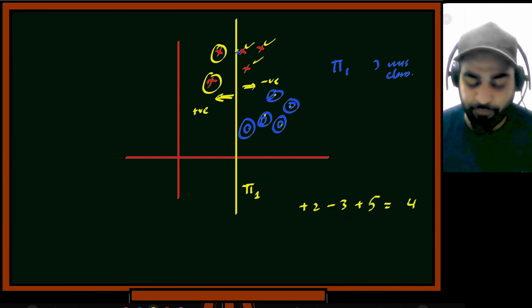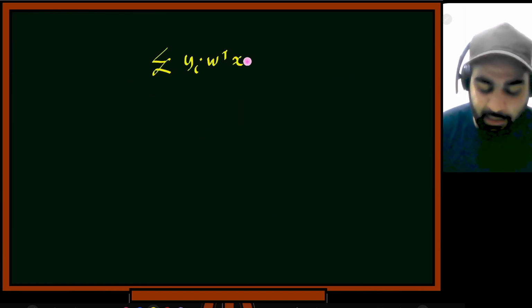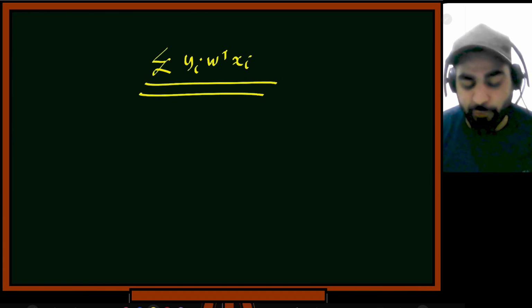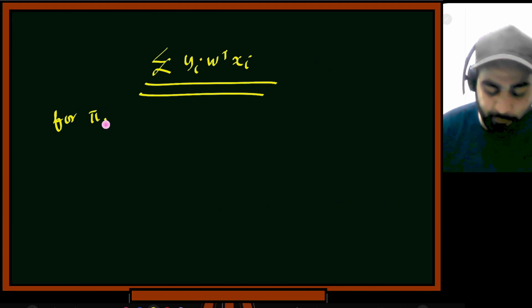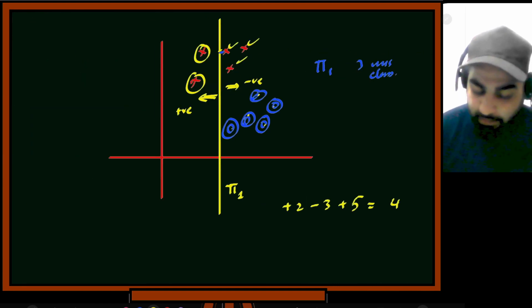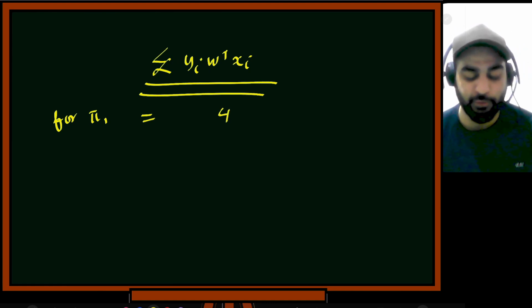What I'm writing is the summation of yi W transpose xi. I should maximize this. So for pi1, this value is equal to +4. Is it clear how this value is +4?